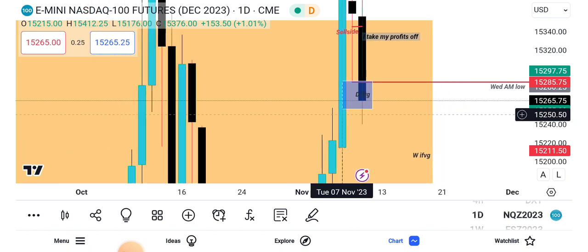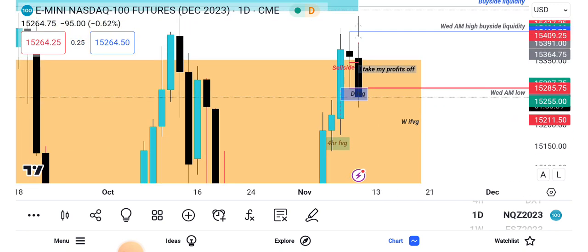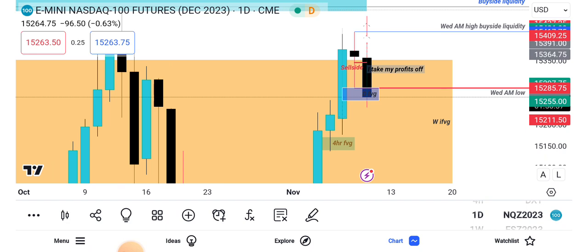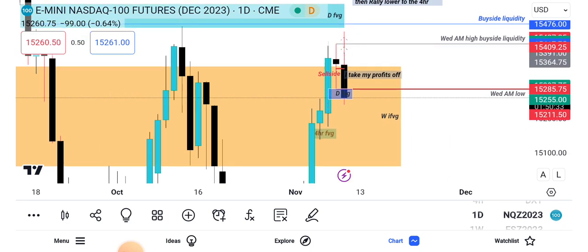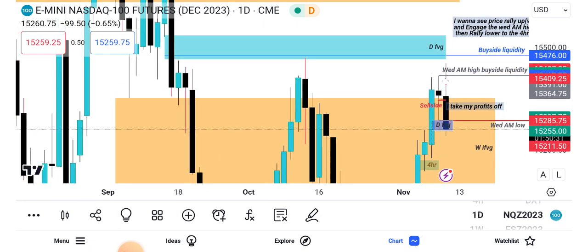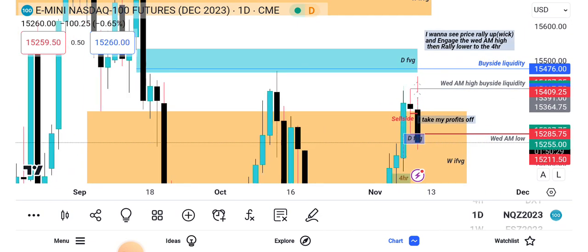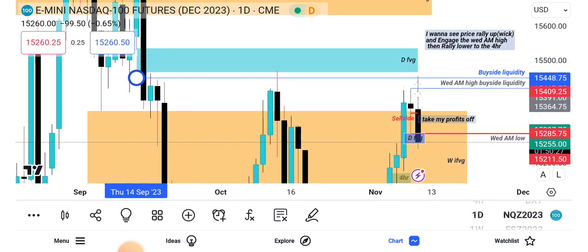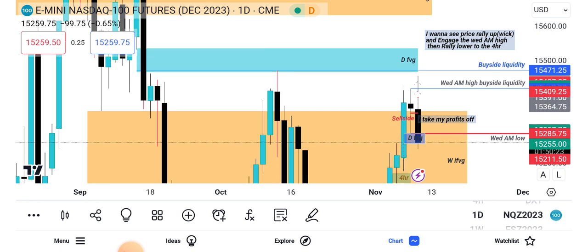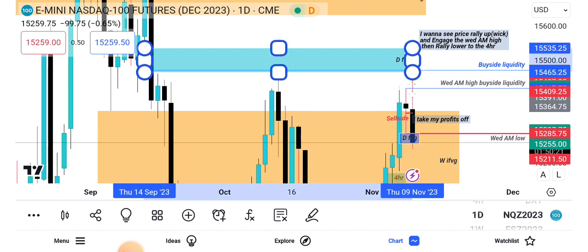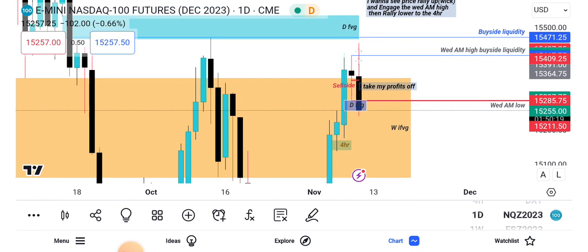I marked that because I wanted to see price retrace lower to that level and then sell off. I've seen there's a buy side liquidity, it should be there above this high, paired with this daily fair value gap.